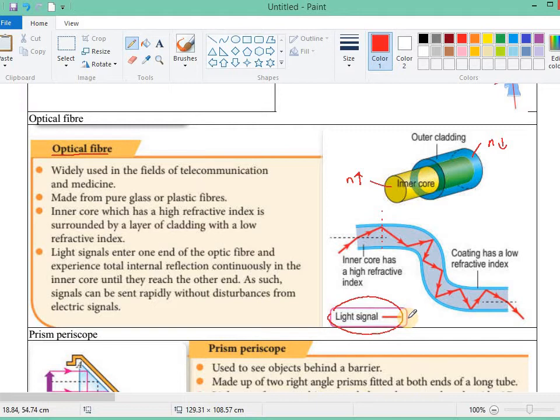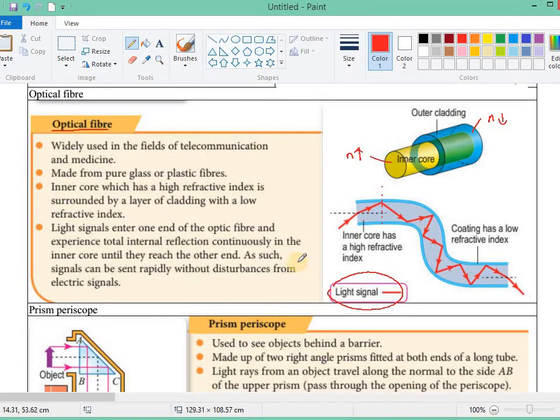When you want to send information out, your modem also changes the electric signal into light. It makes the light blink and sends your information as light. So this is optical fiber.